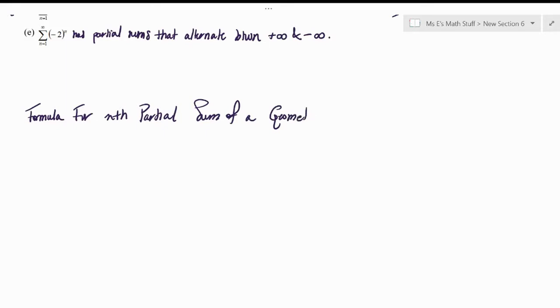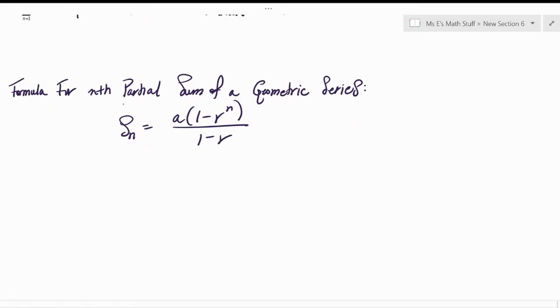You're going to add them up anyway, so I'll just say series. The nth partial sum formula is this: S sub n is first term times 1 minus common ratio to the nth over 1 minus common ratio. This is what you get if you are adding up the first n terms.